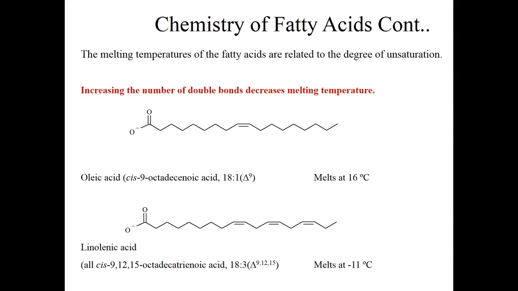But look at this one, the linoleic acid. Even in freezing conditions, it's going to be fluid, which is great. The temperature is minus 11 degrees Celsius. Even if you put it in the refrigerator, it'll still be slightly fluid. Is this clear?